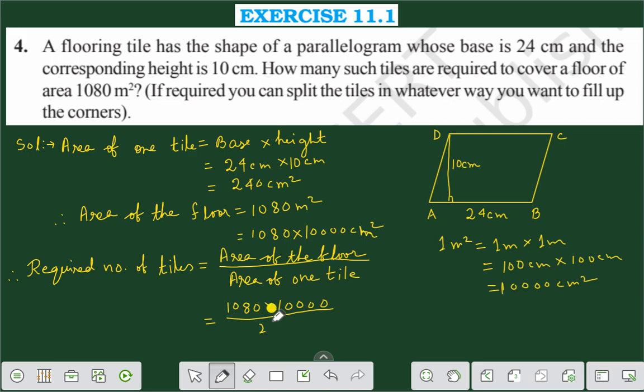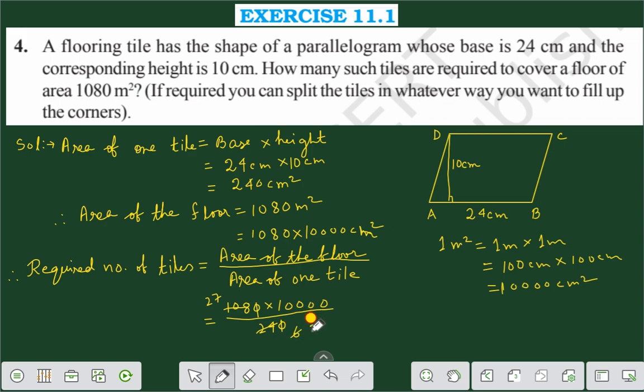Divided by 240, 2, 4, 0. Right? Therefore, if we divide this, 0 and this 0 is cut. If you divide it again by 4, 4 6 is 24, and 4 7 is 28.